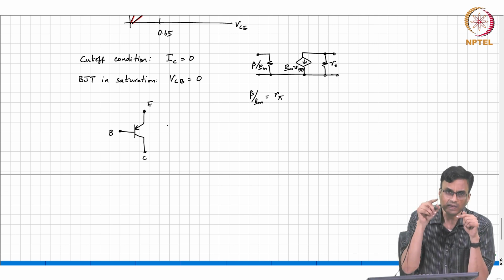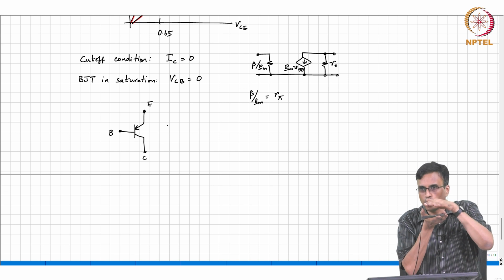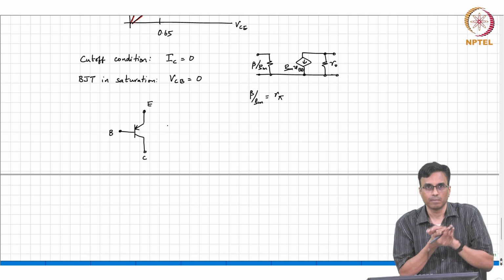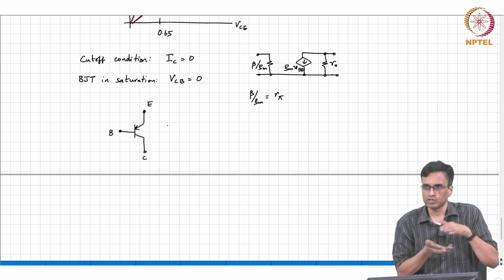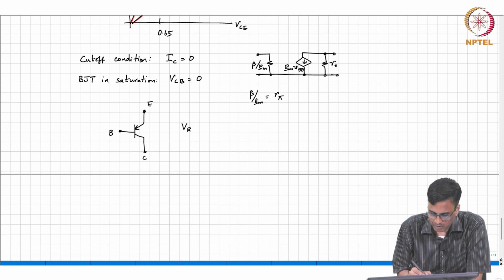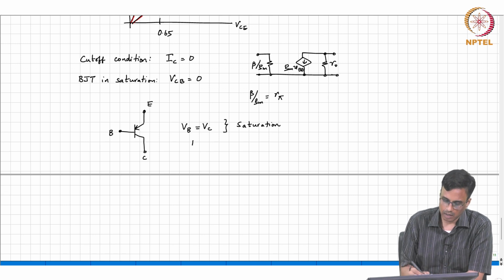If it goes above the base, then the emitter-collector potential is getting crushed. If the potential becomes too small between the emitter and collector, then you cannot have a constant current. In the limit when VEC is 0, no current can flow because there is no potential difference. So, again the saturation condition is VB equal to VC, and IC equal to 0 is the cutoff condition.